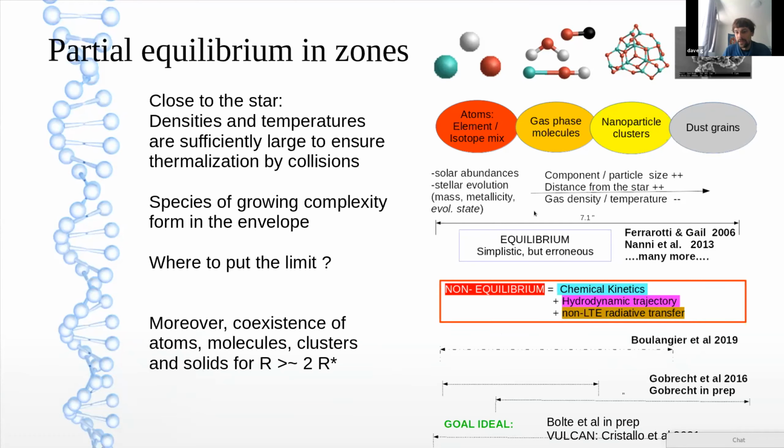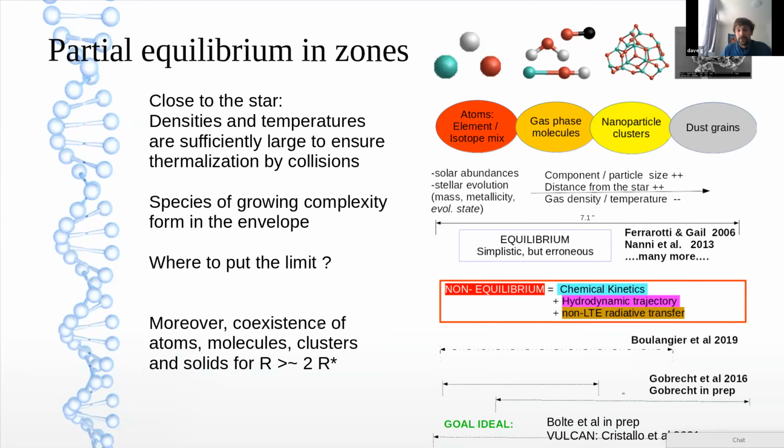I tried that myself, coupling equilibrium and non-equilibrium via the gas phase molecules. The ideal goal would indeed be to couple everything in a non-equilibrium way, or to find a very good limit to put the constraints of equilibrium and non-equilibrium very close to the star.